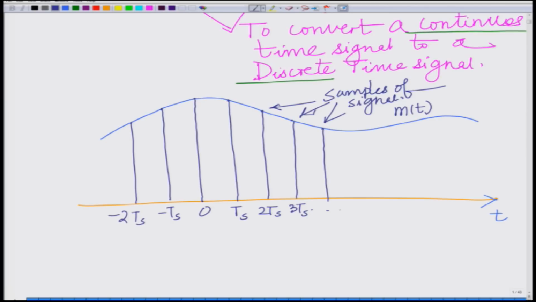You can see that the samples are extracted at every Ts or multiples of Ts. This quantity Ts is basically the sampling interval.